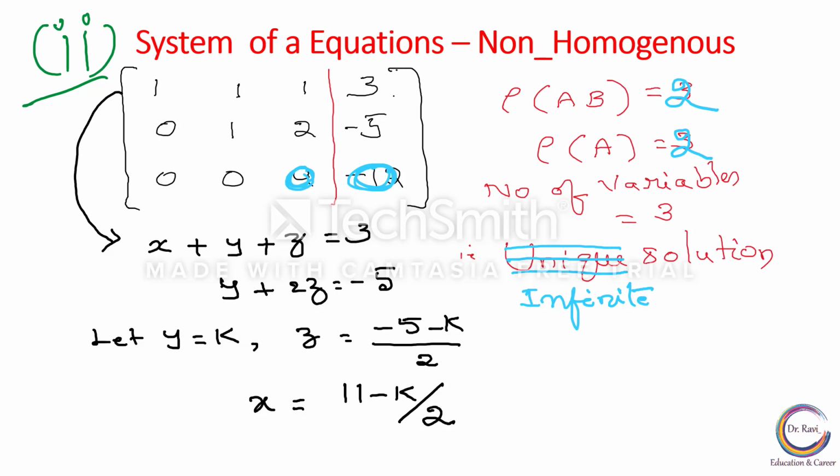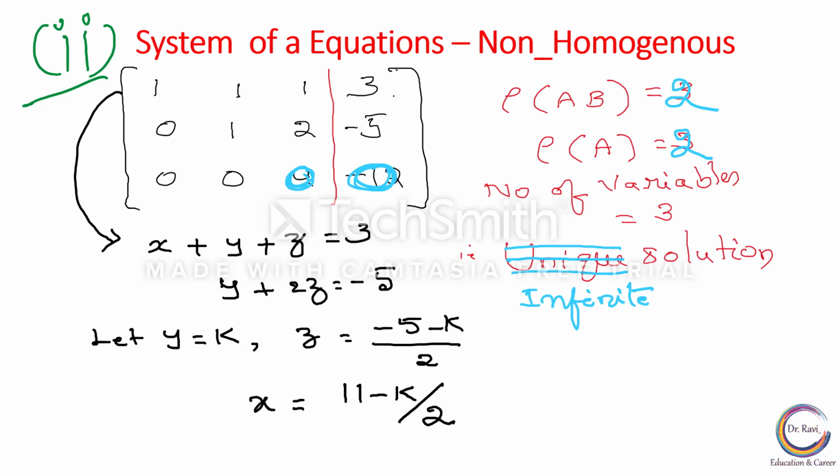Suppose in this case we have taken y equal to k. If we take y equal to k, from this we will get the z value, then from y and z we can get the x value. Now if you see the solution contains k, that means by giving values to k equal to 0, 1, minus 1, etc., we can have an infinite number of solutions, that is, infinitely many solutions.